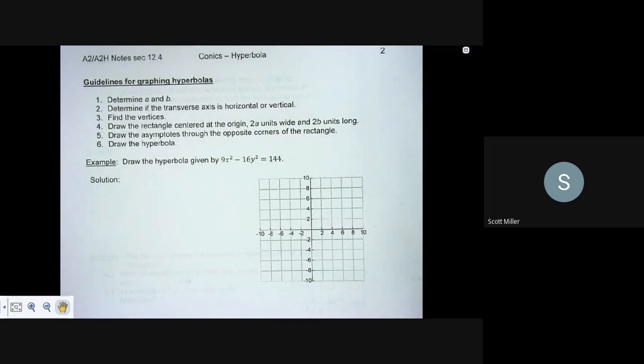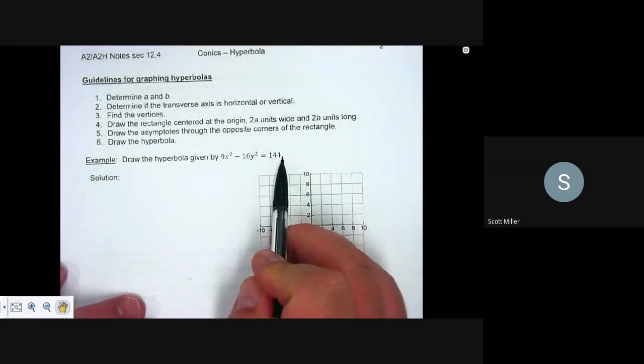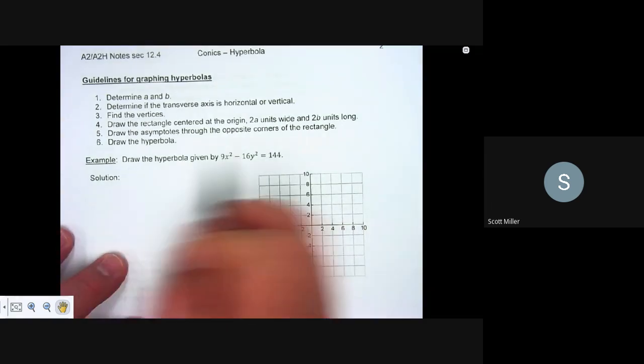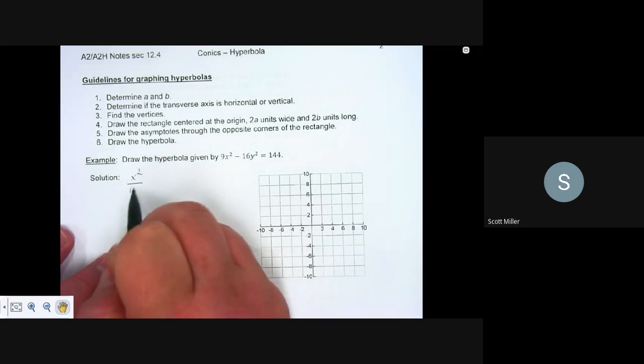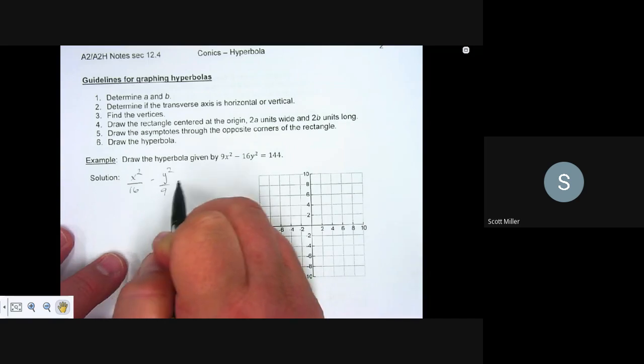Here we go. So just like the other one we did, I want this to be a 1, so I'm going to divide everything by 144. When I divide every term by 144 and reduce it, that equation becomes x squared over 16 minus y squared over 9 equals 1.